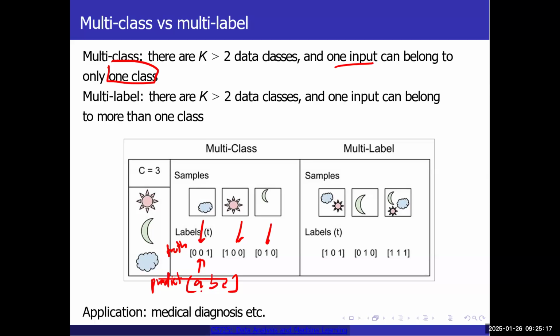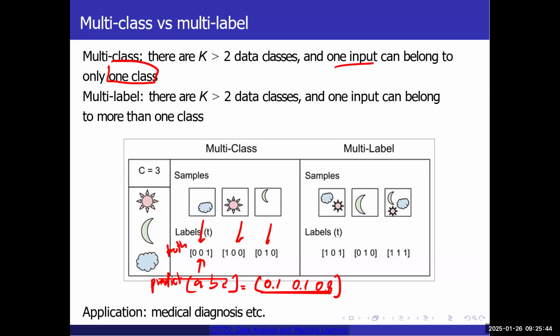And these three numbers basically tell you the score or the probability that this data belongs to one of the classes, right? So for example, you can have 0.1, 0.1, 0.8, right? That is the output of the function.